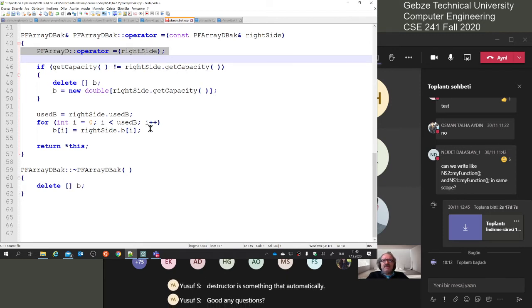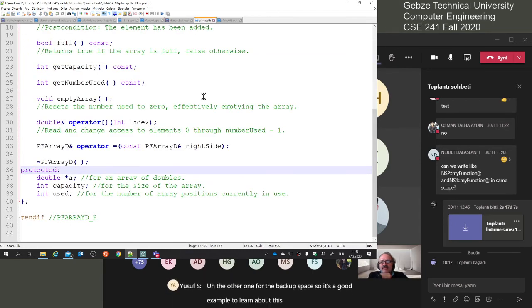So this one uses the mechanism of dynamic allocation two times, one for the regular storage space, the other one for the backup space. So it's a good example to learn about dynamic memory allocation and inheritance.